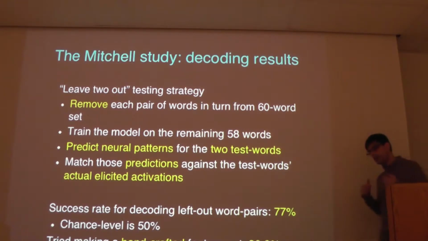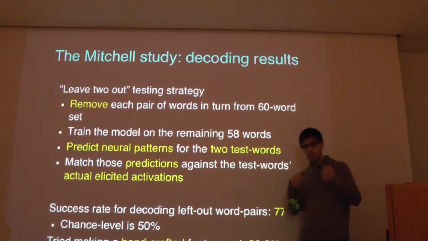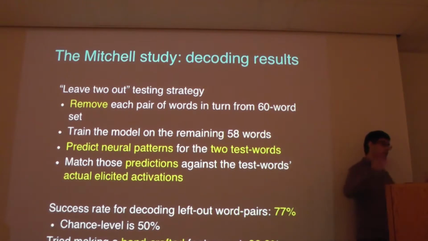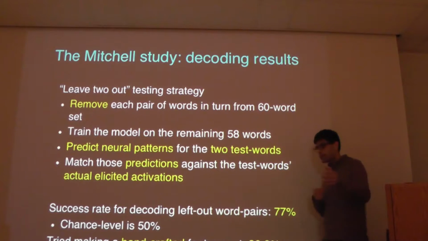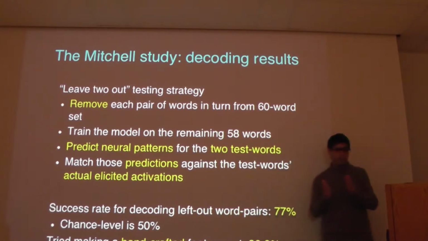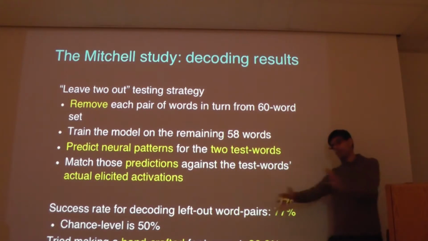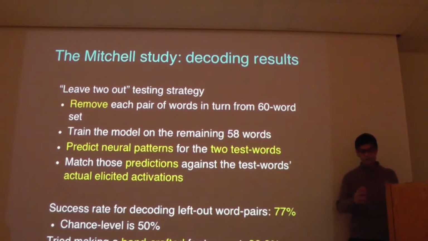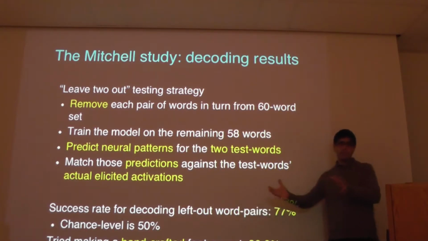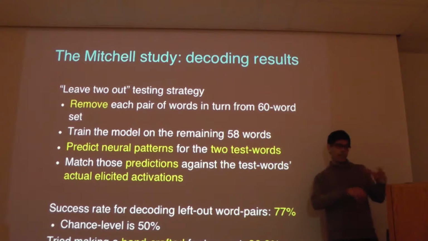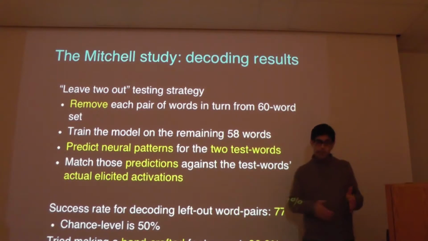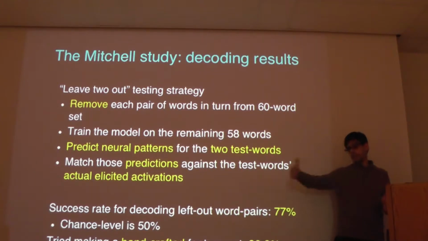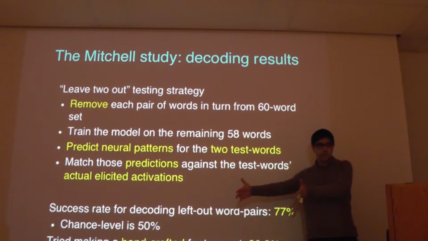I want to find the underlying thing that's true of the world in general. Well, I don't have the world in general, but I do have this data. So I can at least chop up my data and say, I'm going to learn about some of the data and see if it works on the rest of the data. If it doesn't work on the rest, then I've probably just learned some idiosyncrasy of this particular piece of data. But if it does work on the rest of the data, then I'm getting some kind of generalization. I'm finding something that's not only true of this stuff, but true of that stuff as well.